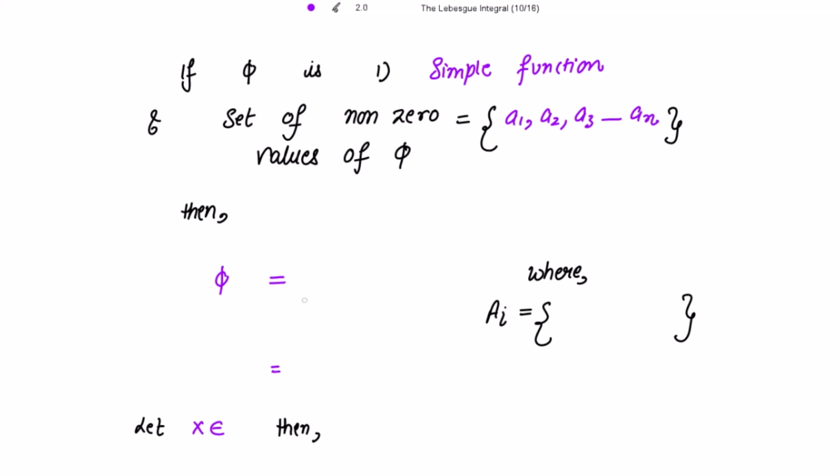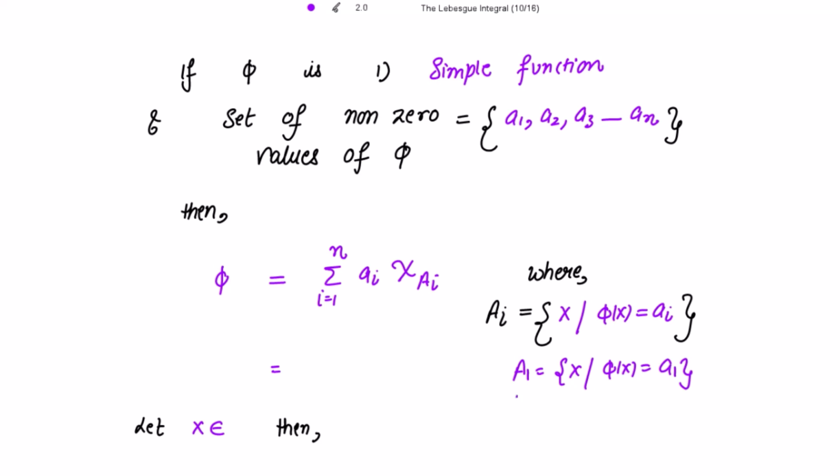Then phi is equal to summation of a i chi A i, i going from 1 to n, where A i is a set having all those values x such that phi x is equal to a i. So the set A1 has all those values x such that phi of x is equal to a1.